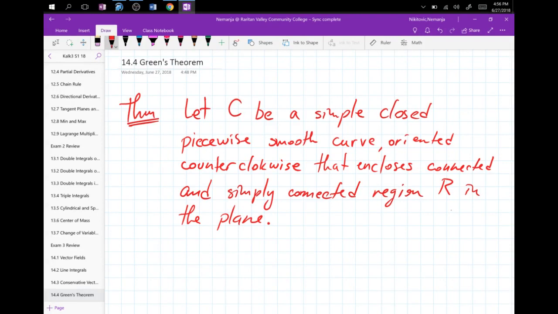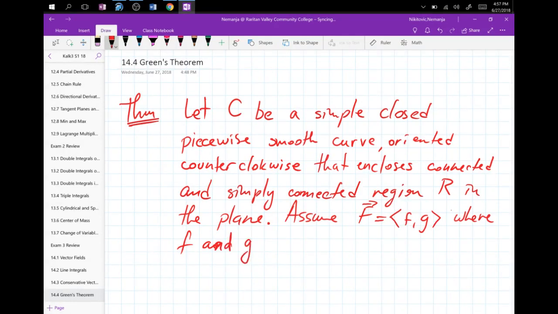So, assume that the vector field given by the standard F, G, where F and G have continuous first partial derivatives.